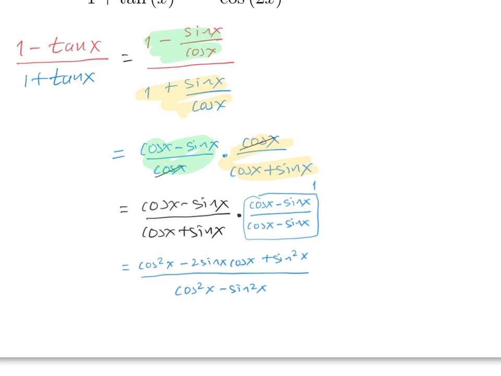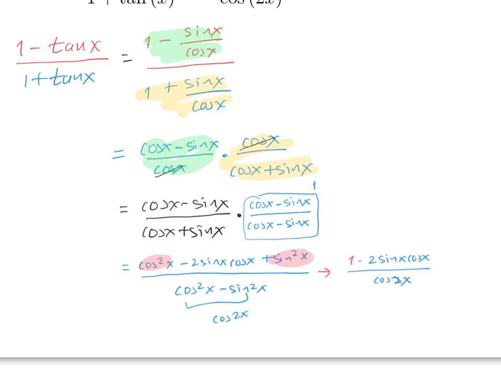Also notice here that you combine this one, cosine square plus sine square is equals to 1. So therefore from here you have 1 minus 2 sine x cosine x, and then this is cosine of 2x.